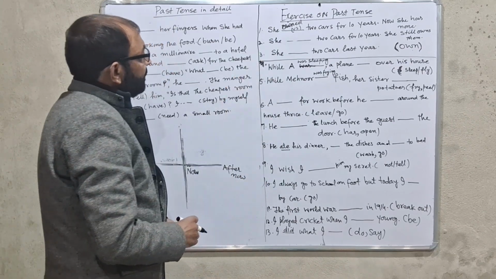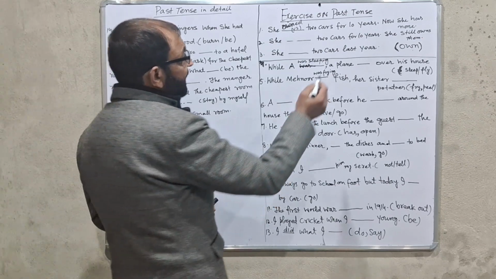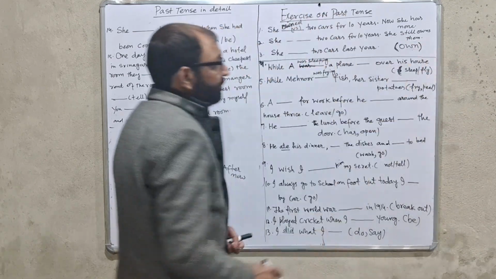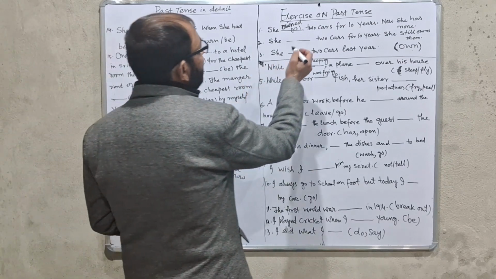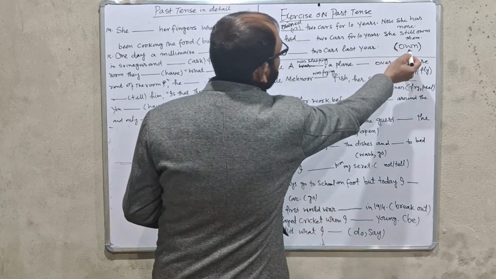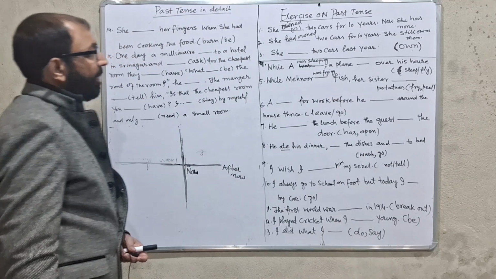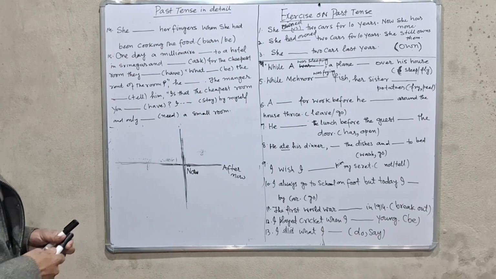Item number two: she ---- two cars for 10 years. The next sentence can be a suggestive sentence for you. She still owns them. This means she had owned, which is past perfect tense. She had owned two cars for 10 years.